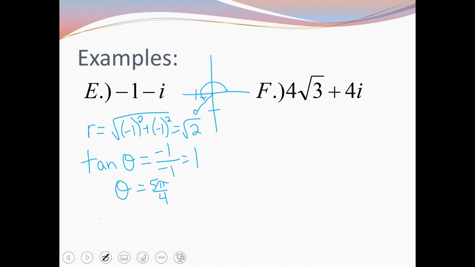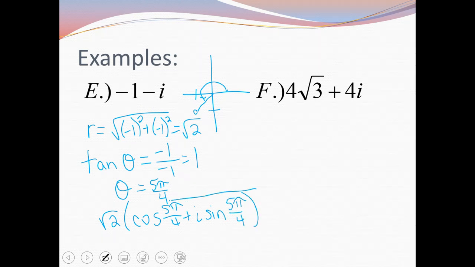So in order to write this, you would write square root of 2, you may see the square root of 2 distributed in, but cosine of 5 pi over 4 plus I sine 5 pi over 4. This would be the polar form of that complex number. It gets you to the same place in polar form.